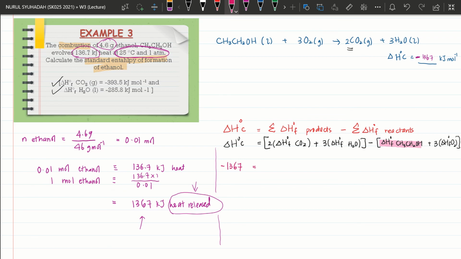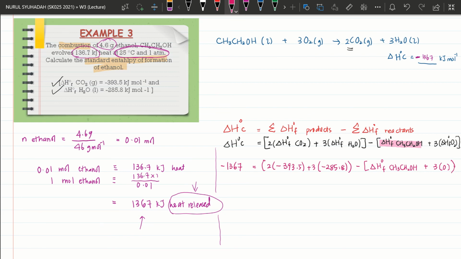Okay, so here 2 times carbon dioxide, negative 393.5, plus 3 times formation of H2O, negative 285.8. Okay, close. And then minus the one that we want to find, delta H naught formation of CH3CH2OH. Make sure you write it as a full term like this, plus 3 times oxygen, which is 0.